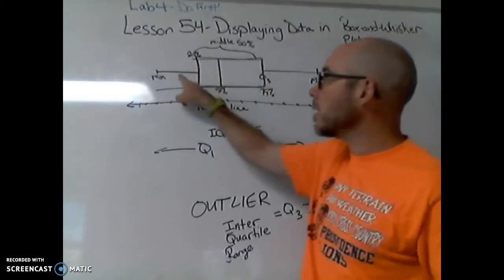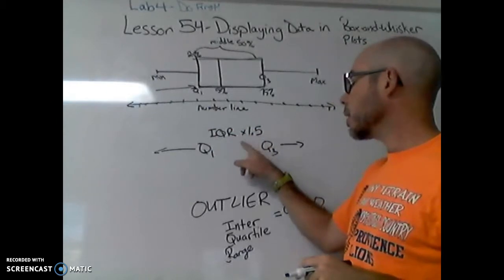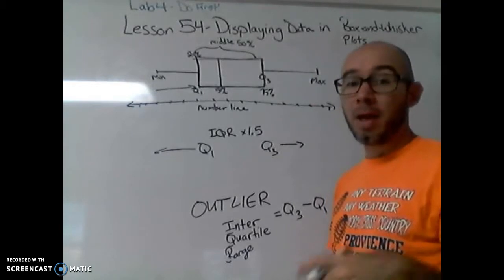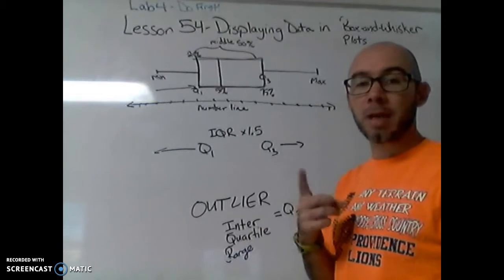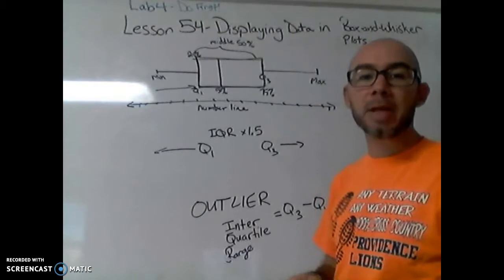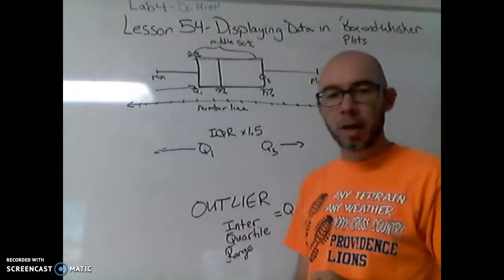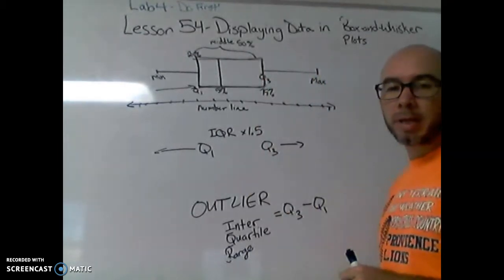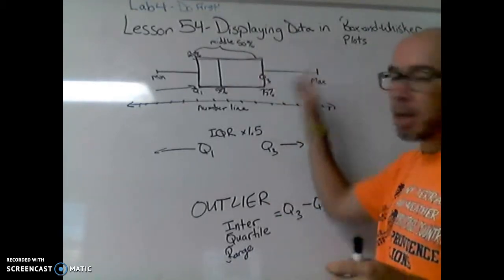If we end up with any data points that are further to the left, or smaller than quartile 1 minus the interquartile range times 1.5, that's an outlier on the small side too. So we're going to check a couple sets of data for those and see if we can find any. We're going to be talking about baseball and home runs again today. So I'm going to move over to the calculator, and we'll get going with that and show you some real data and how it plays out with the interquartile range, our 5-number summary, and our box and whisker plots.